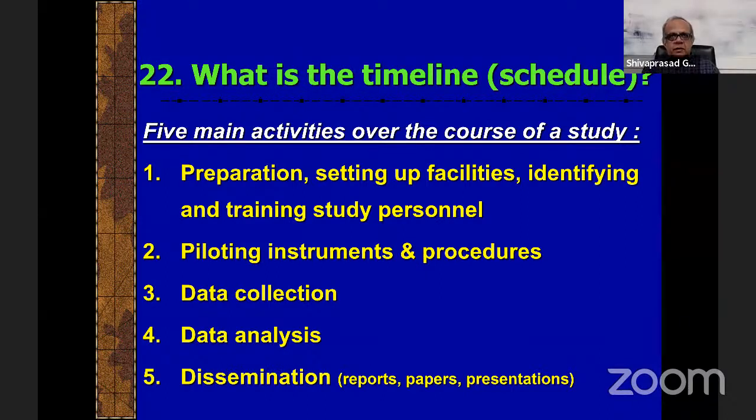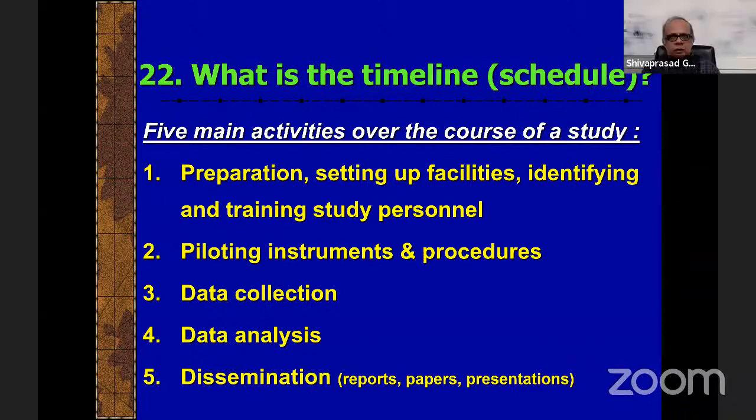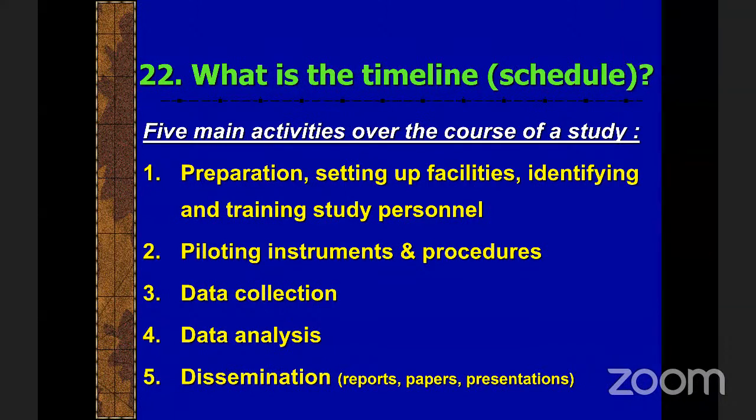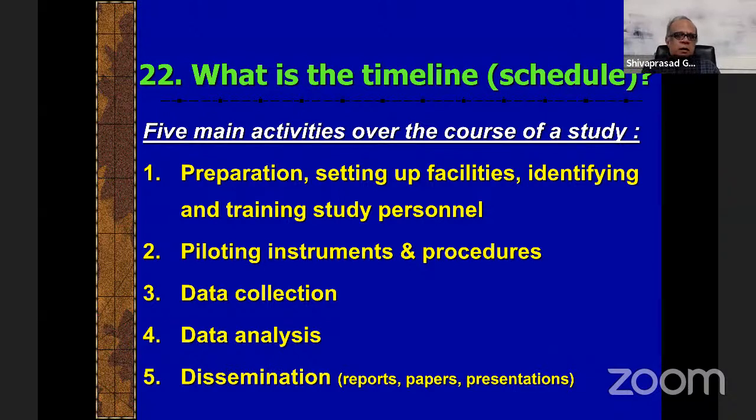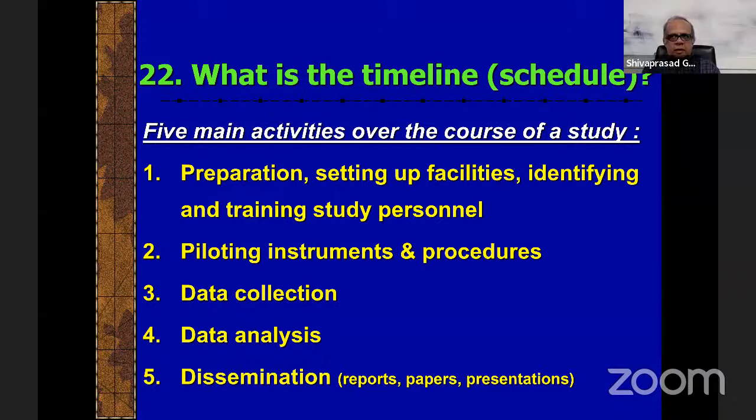Phase 1 being, setting up all your facilities, identifying and training the study personnel, preparing all your materials, getting all the approvals from ethics committees or state government if you are going to use any other public sector facilities, or approval from the national regulatory authorities, whether it is ICMR or DCGI, depending on what kind of study you're conducting and whether there is any international funding involved in that.